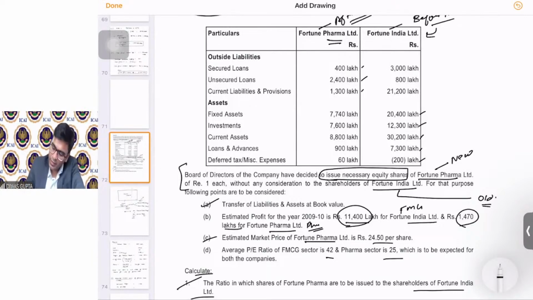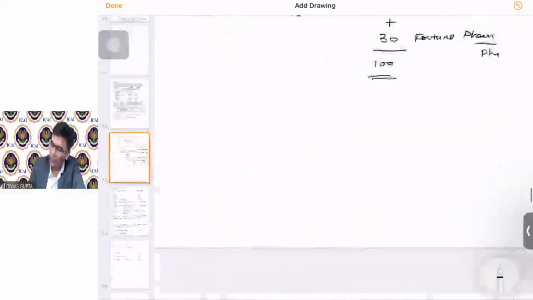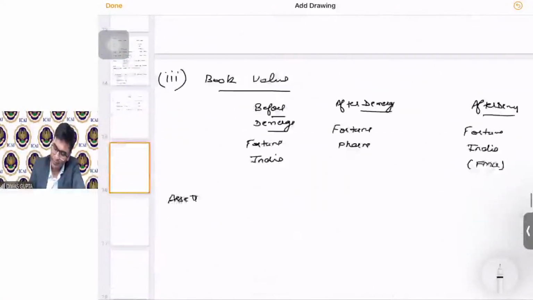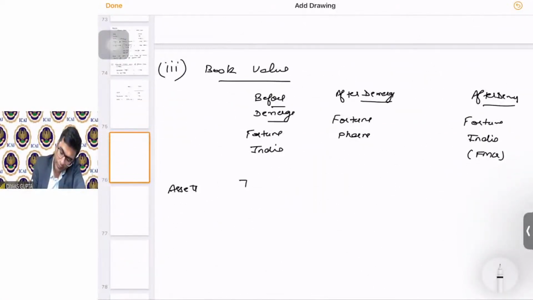So the total comes out to be 70,000 lakhs. Similarly, for Fortune Pharma, the total assets stand at 25,100 lakhs. Then for Fortune India, the balance will be 70,000 minus 25,100, because it's a book value transfer, right? So the balance is 44,900 lakhs.